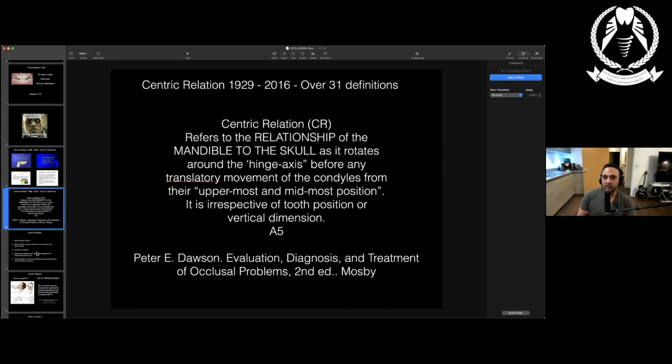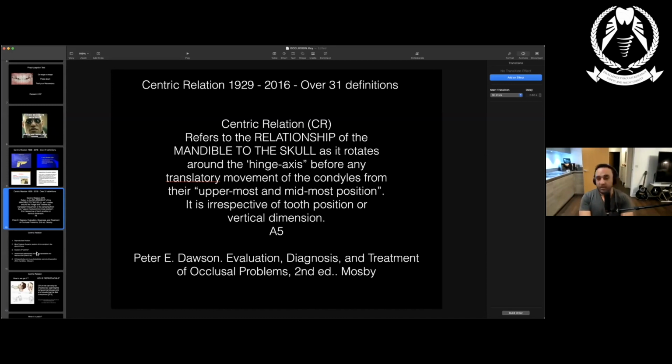And whether that's the relationship between the mandible and the skull as it rotates around, or when it's in the most uppermost midmost position, the definition is not really as relevant as the practical use of that centric relation on a day-to-day basis when you're doing restorations.